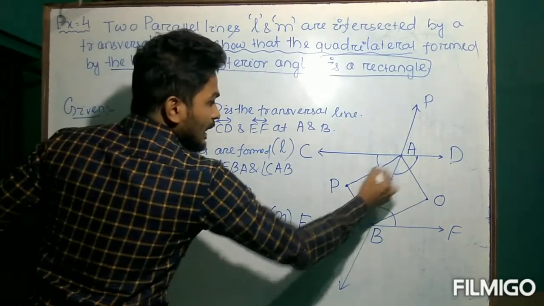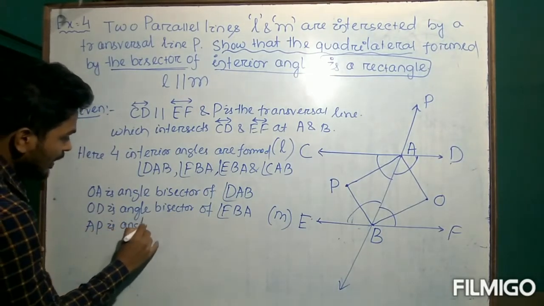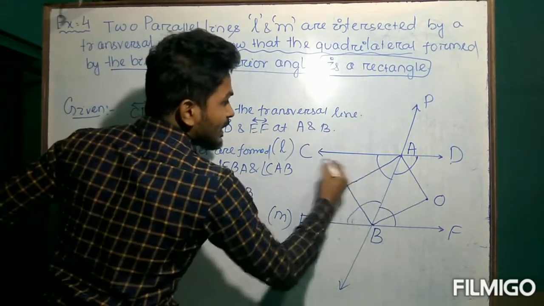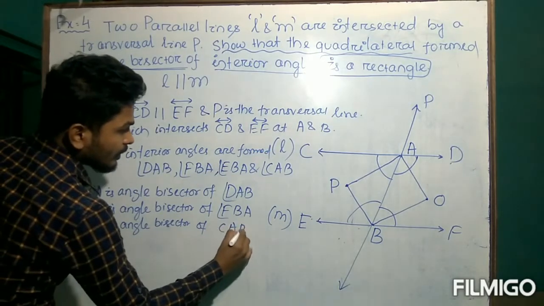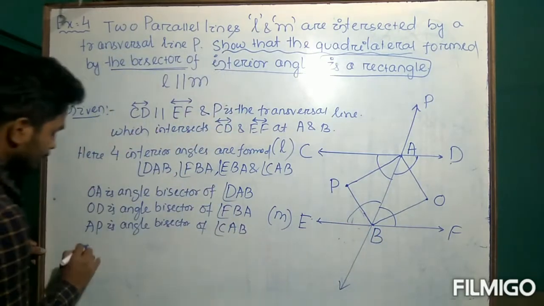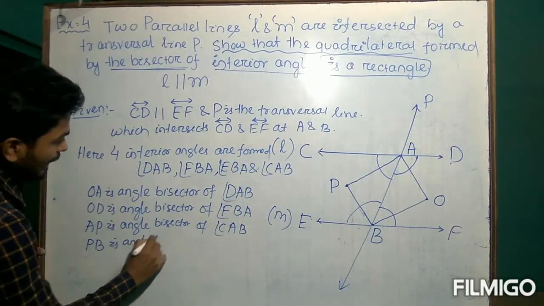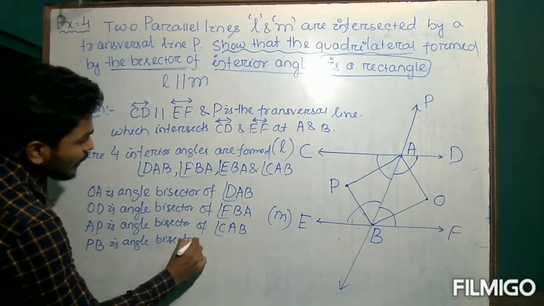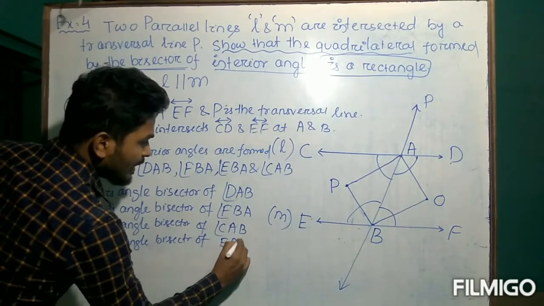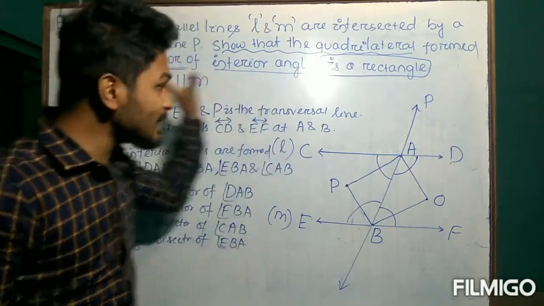AP is the angle bisector of this angle CAB. And PB is the angle bisector of which angle? This angle EBA. I have written everything that is given in this question so that you can easily find out what is valid for this proof.